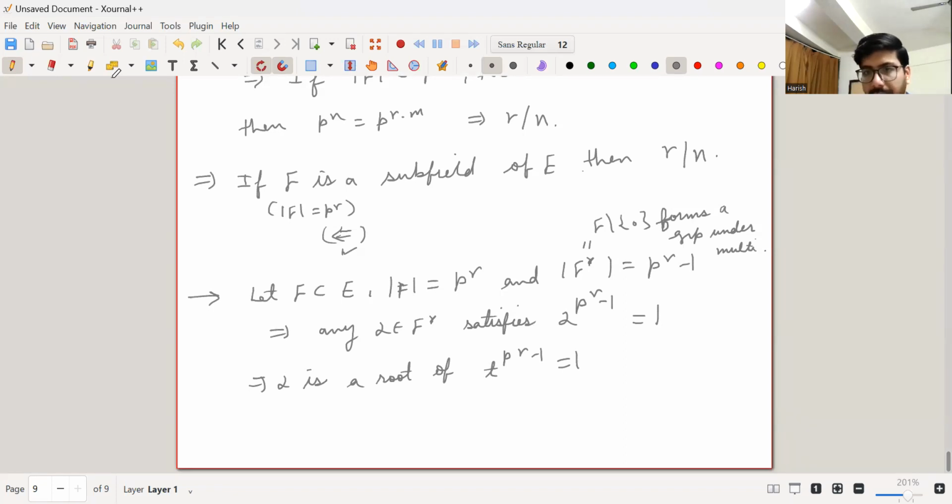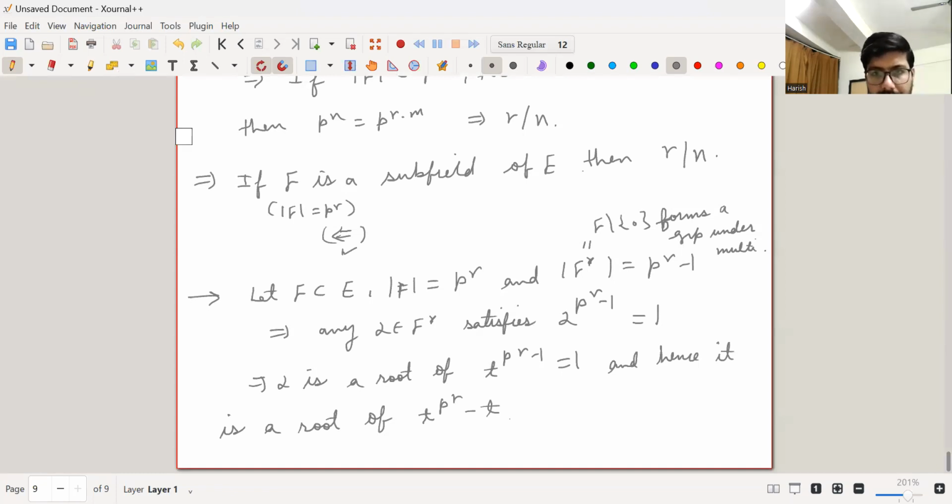And hence it is a root of t raised to p^r minus t.